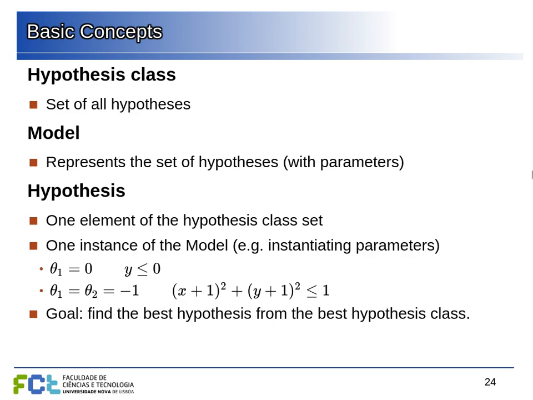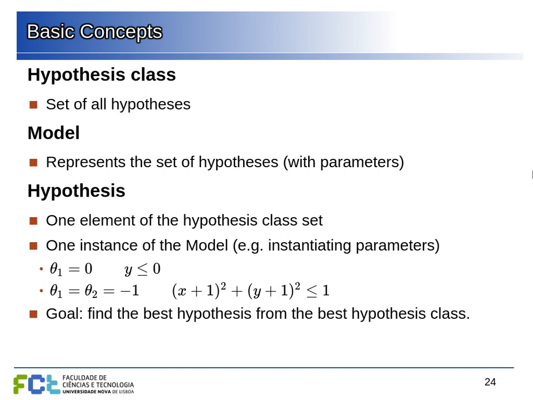So basically the hypothesis class is the set of all hypotheses from which we are going to choose. The model represents this set of hypotheses, generally with parameters that we can then adjust to try to find the correct hypothesis. The hypothesis is one specific element of the hypothesis class, or in general, one instance of the model that we obtain by fixing all the parameters.